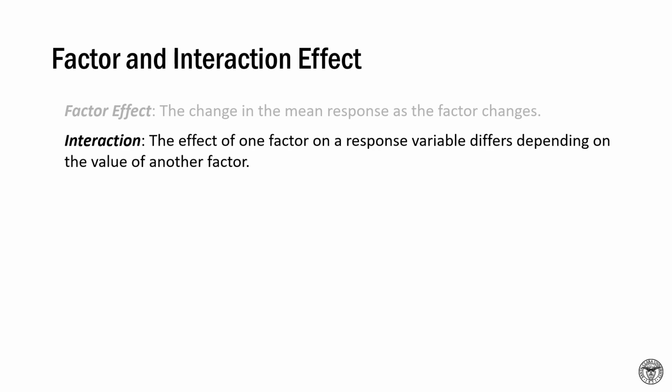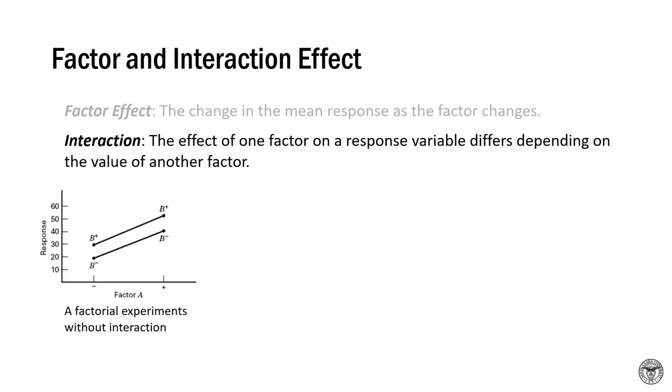This means that the effect of temperature is dependent on the pressure level, and there's an interaction between temperature and pressure. In other words, an interaction occurs when the effect of one factor on the response variable is not constant across the different levels of the other factor.